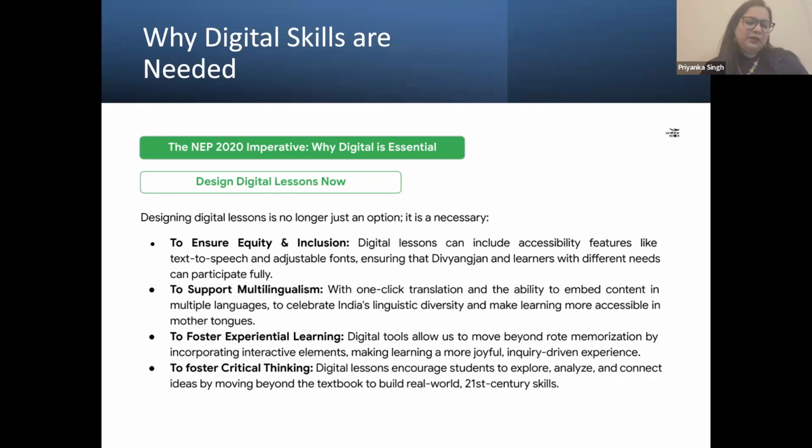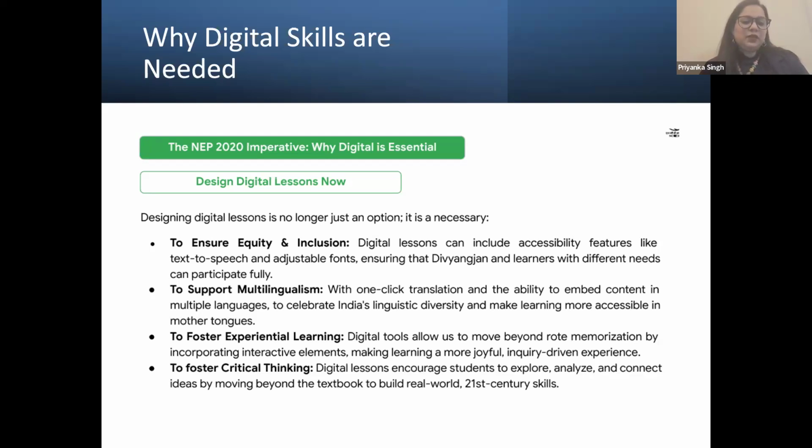That also you need to keep in mind, that your diverse learners are getting the things properly. You can use text to speech if they are not able to read. You can convert a simple book using a text to speech tool so they can hear it. You can adjust the font and your different learners can participate fully in your lesson plan.